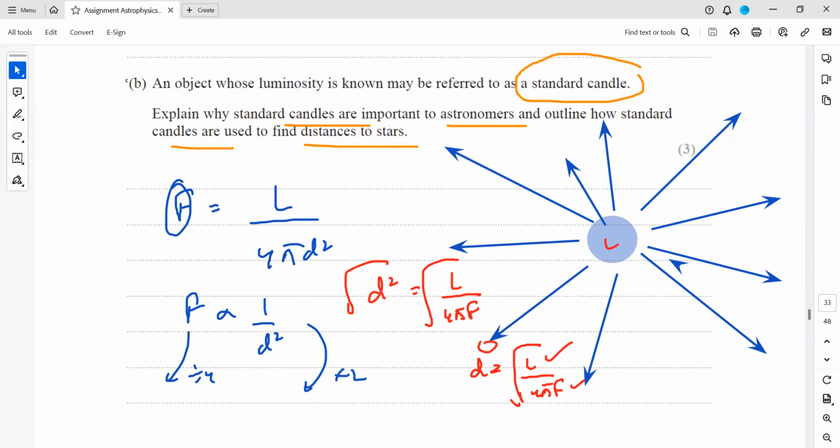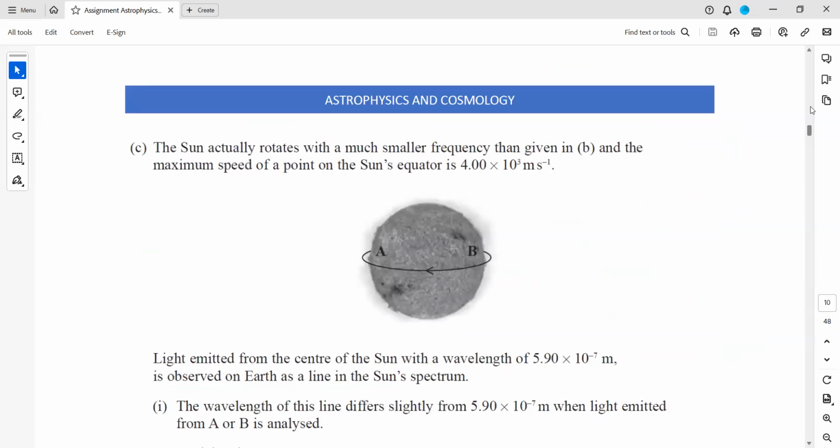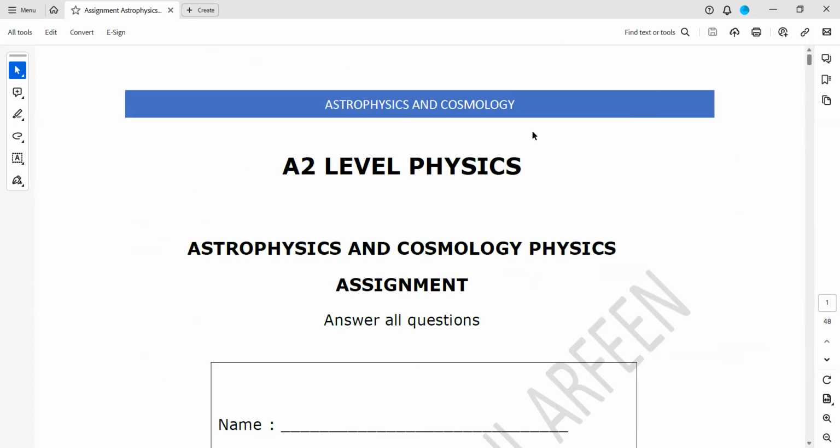So the main point of the standard candle is that the star has a known luminosity. When it has a known luminosity, we can use this relation, and normally it is used for stellar objects which are too far from us. If it is very close, then we can simply use trigonometric parallax. Is it clear?